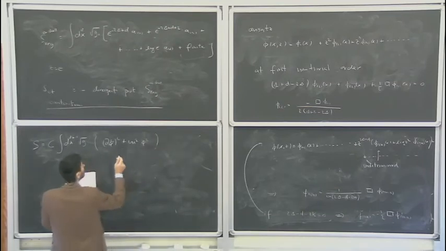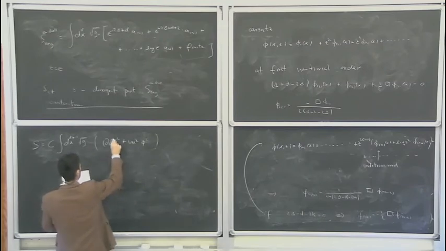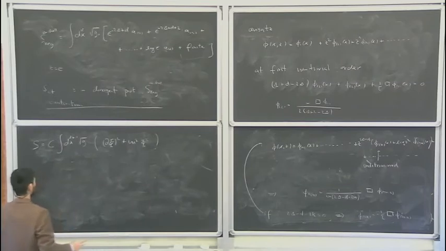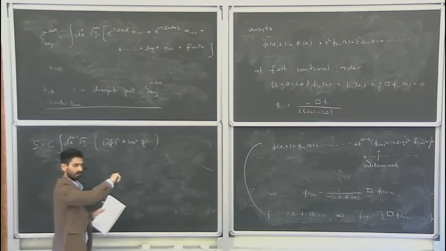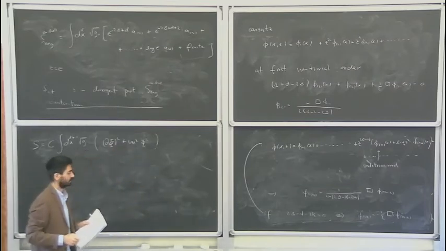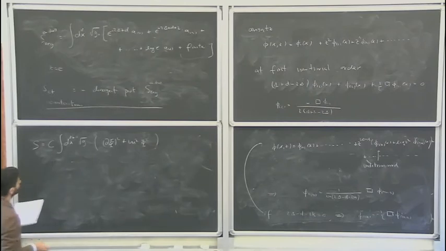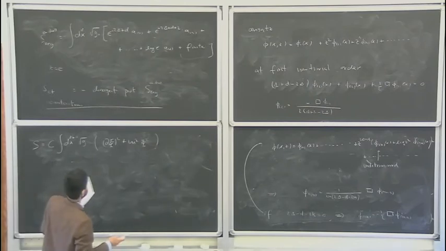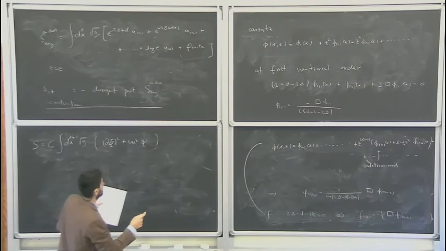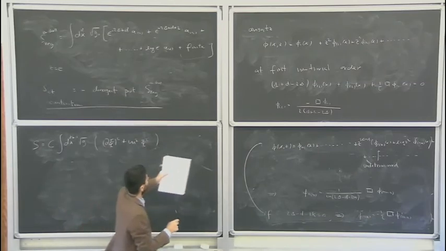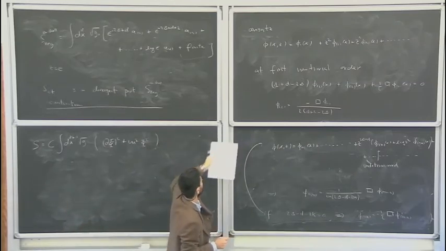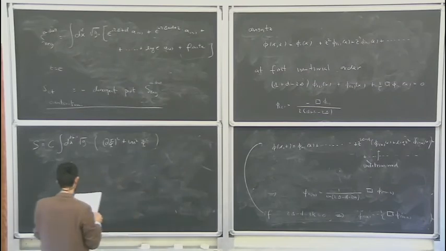Where here in my notation, this is now a capital phi. So we integrate by parts, we pick up the boundary term, and then we insert the expression for the ansatz of capital phi as Z to the D minus delta times the small phi, and then we insert the expansion.